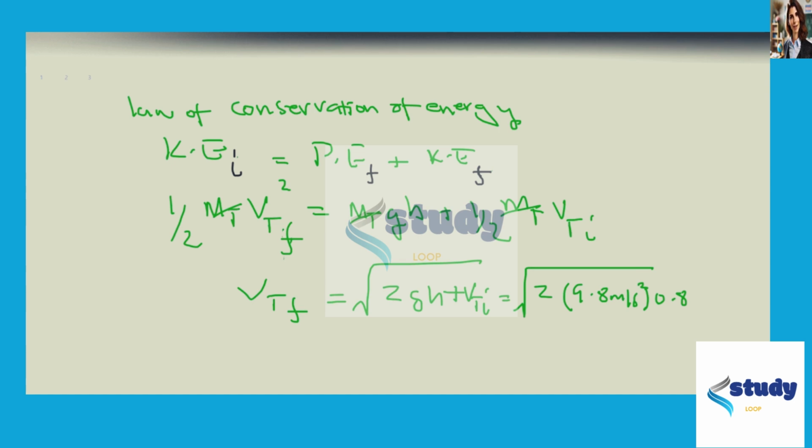So this one is 2.98 meters per second times 0.8 meters, plus 1.272 meters per second, squared. So this was supposed to be squared.